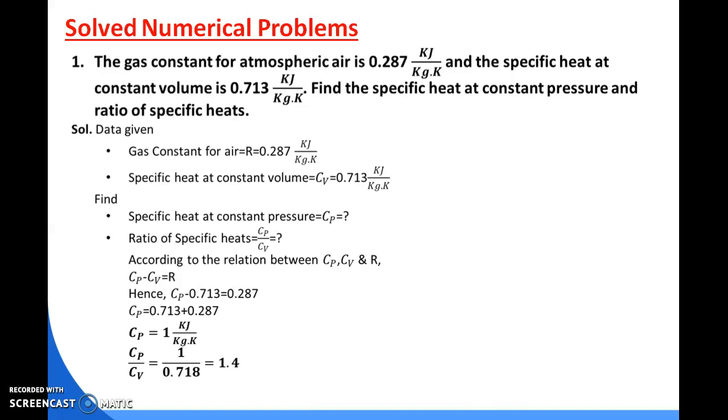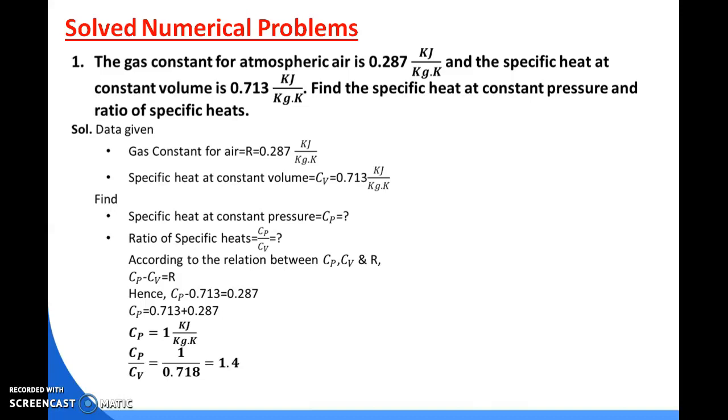So, from this question, what data are given? We have to first write the given data. According to the question, the first data is the gas constant for air, R, equal to 0.287 kilojoule per kg Kelvin.